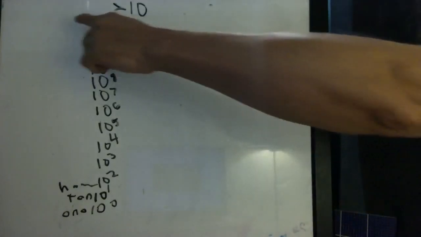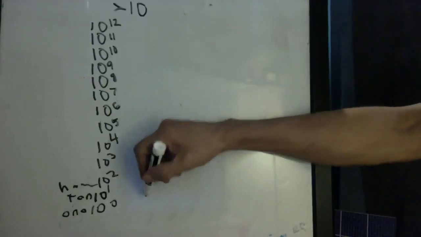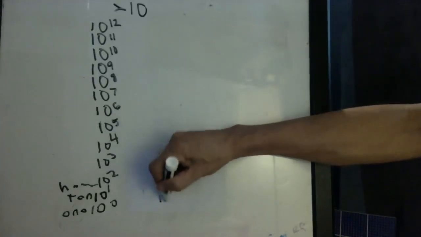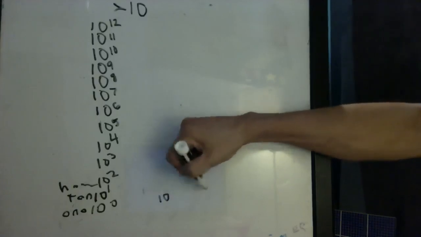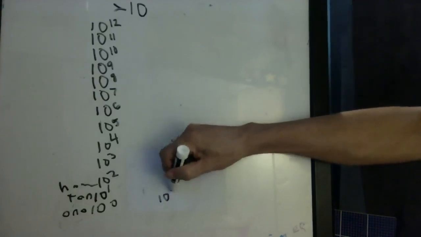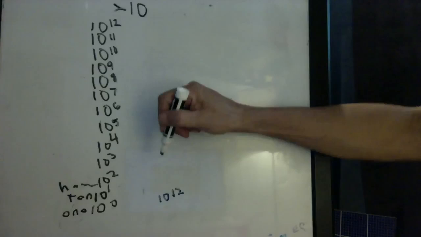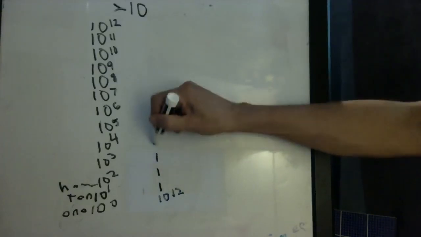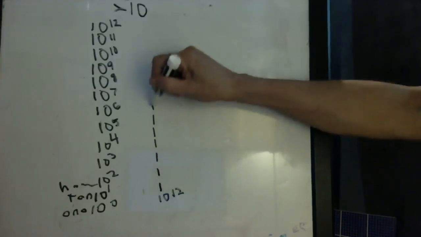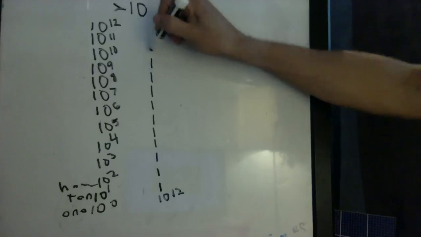Where did we get to? Well, I happen to know that that's going to be trillion. So we're going to start over here. And let's see here. We'll make it 12. And then we'll go up again. 1, 1, 1, 1, 1, 1, 1, 1, 1, 1, 1. And talk about all the names.